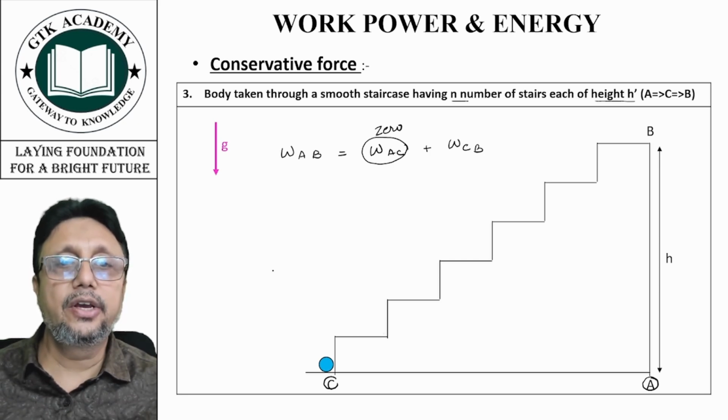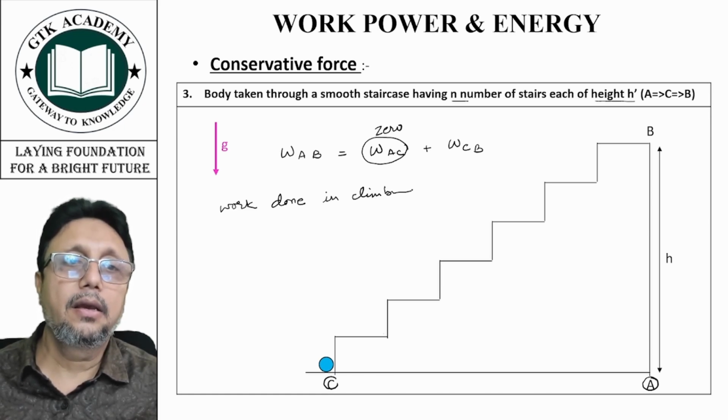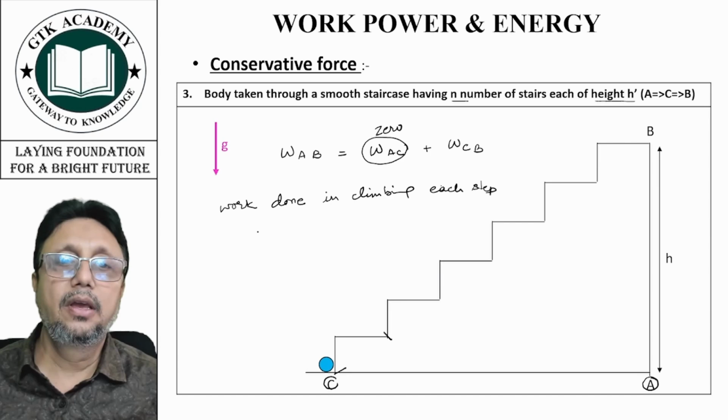Now the work done from C to B. You take each stair, the work done in climbing each step. That means you take it from this place to this place.